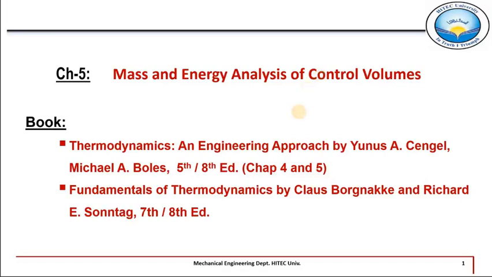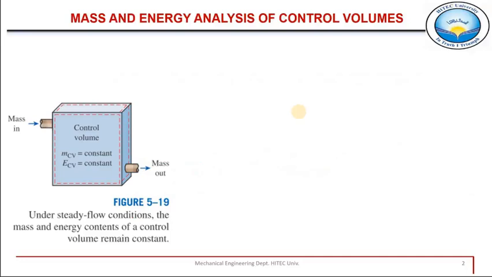So let's start. We have already discussed something about the control volume in chapters 1 and 2. Here you can see the control volume. This is our system across which some mass is entering and some mass is leaving.